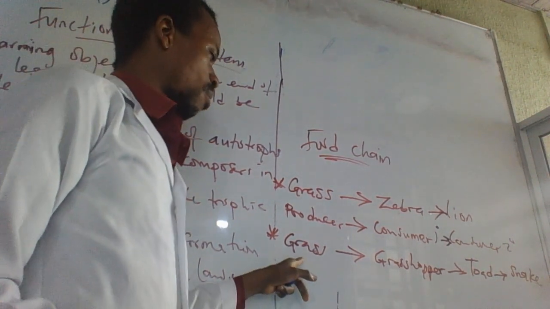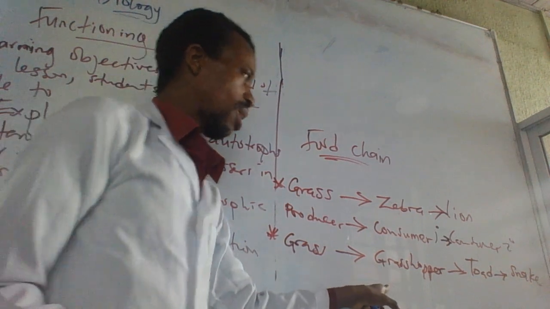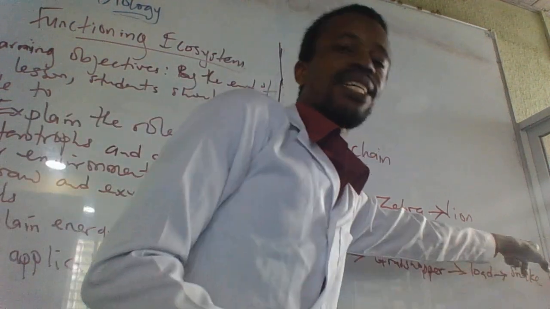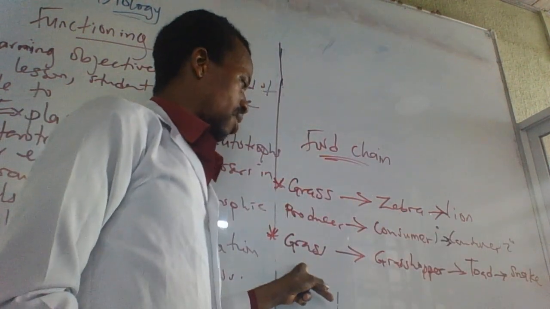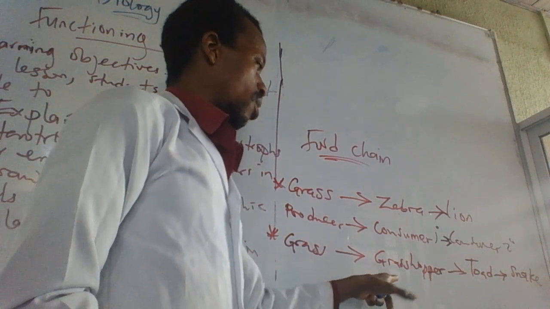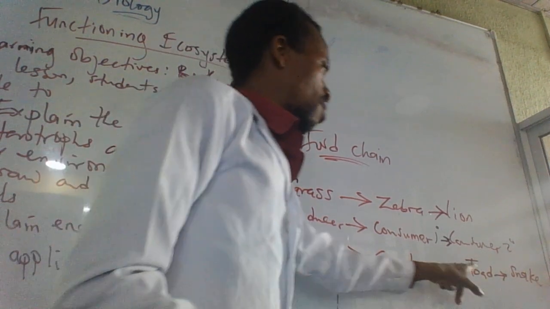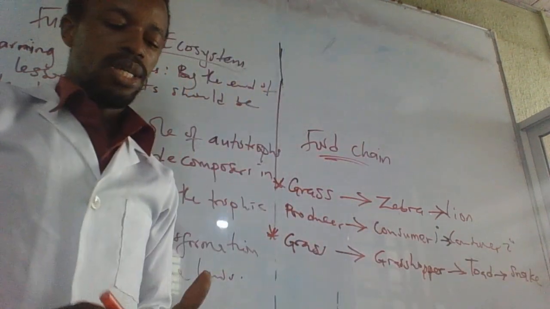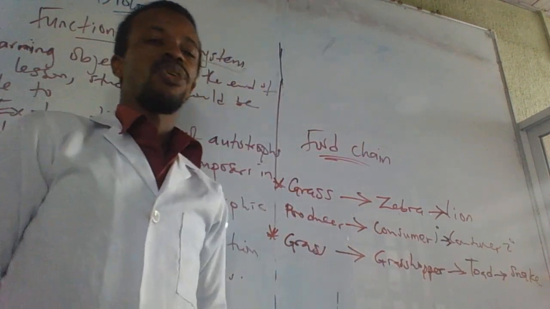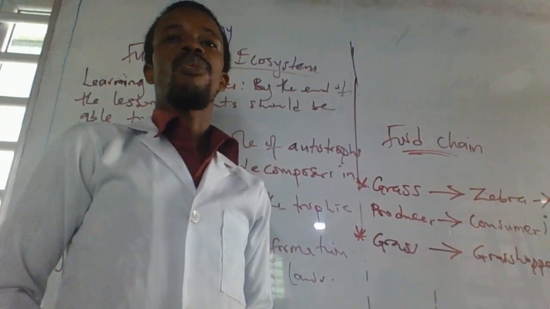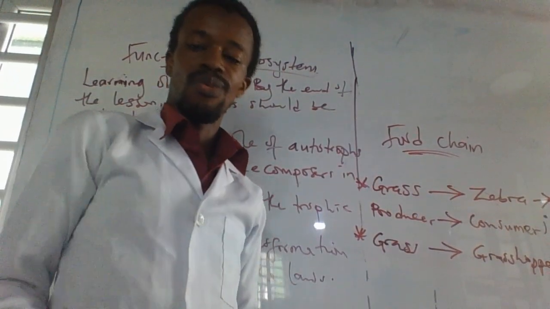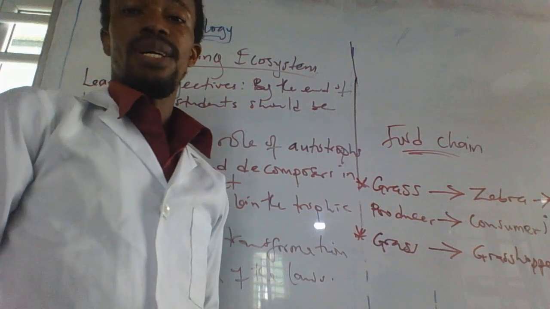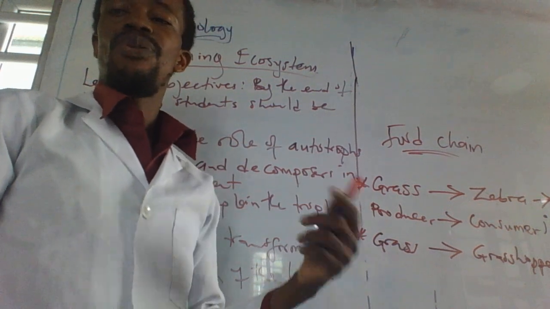The grass is the primary producer, the autotroph, then primary consumer, secondary consumer, and tertiary consumer. So this can be given in any form, but just note that the producer comes first, followed by the primary consumer, secondary consumer, and if you have it, the tertiary.